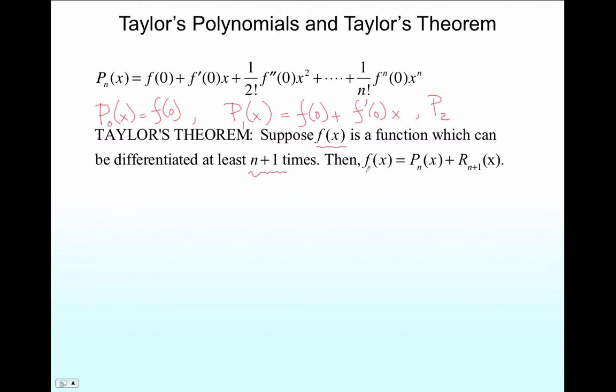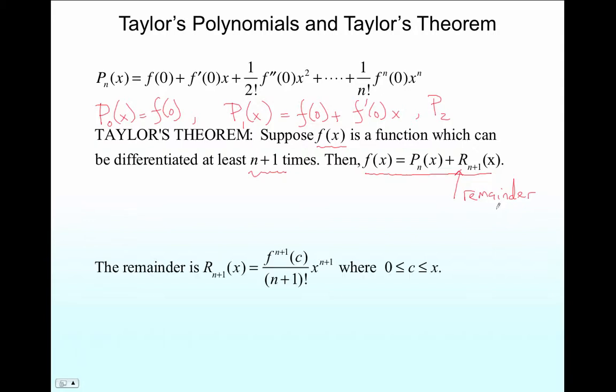So Taylor's theorem says that the function is exactly equal to the Taylor's polynomial of order n plus a remainder term. This r over here stands for remainder. If this remainder was 0 or very, very small, then you'd be very, very happy. But in general, this remainder will not be 0.